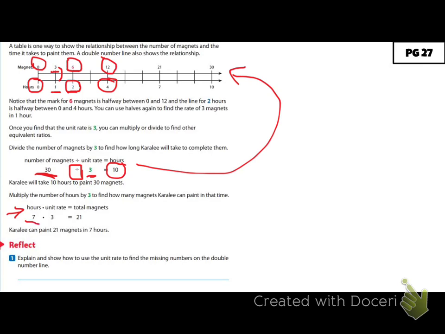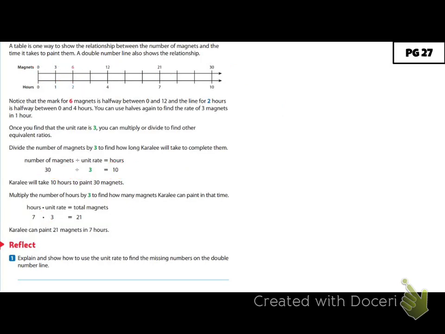So if she takes 7 hours, you can multiply 7 hours by our unit rate of 3, which is going to give us 21 total magnets. So by looking at that, we can see that Carly can paint 21 magnets in 7 hours.